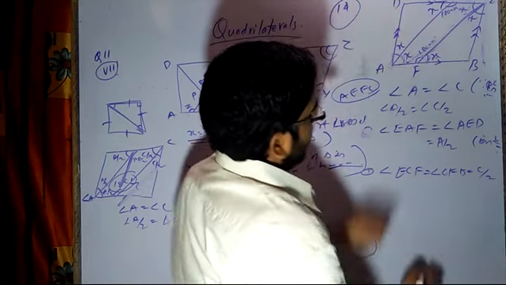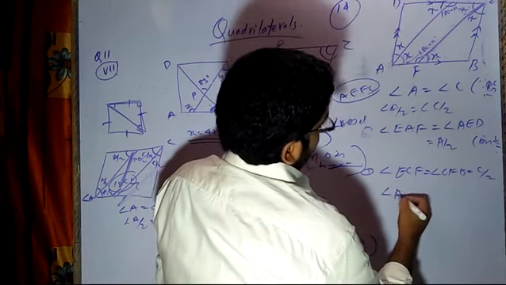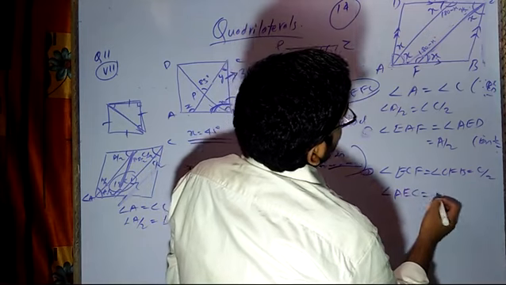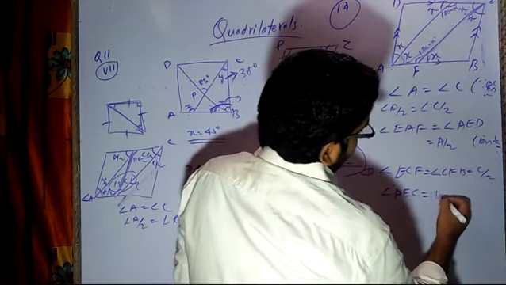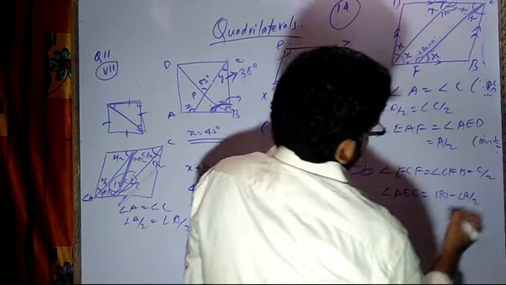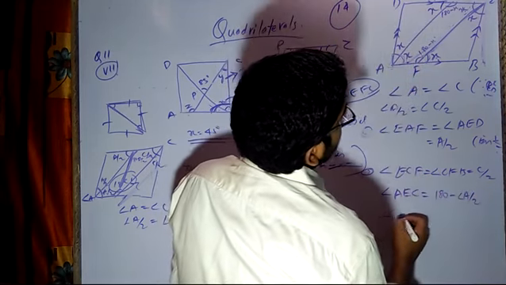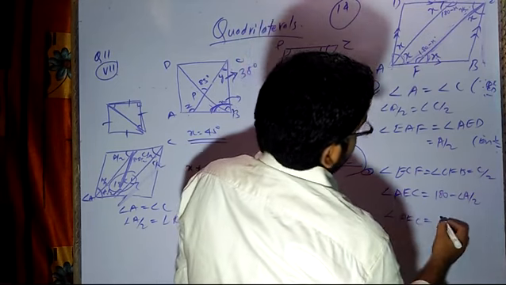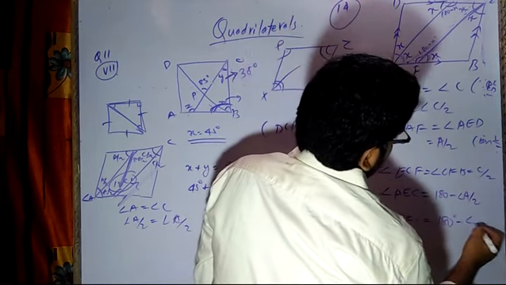After that, you write this angle. That means angle AEC will be equal to 180 minus angle A by 2. Similarly, angle AFC will be equal to 180 minus angle C by 2.